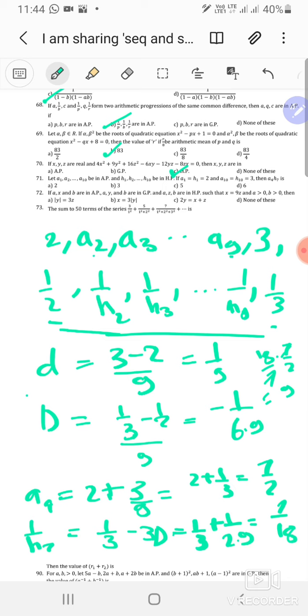So 18 upon 7 and then 7 upon 2 looks correct, right? 9, 8, 7, that has to be 3 jumps, no problem. Yes, it should be correct, but then what's wrong? What is not correct in that case? No, it should be 9. Then this thing should turn out to be 9, right?